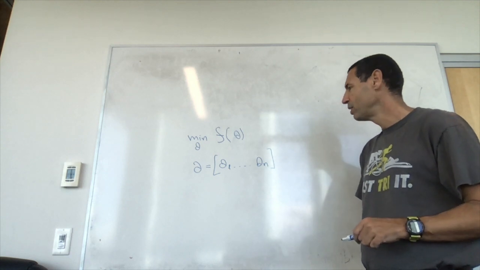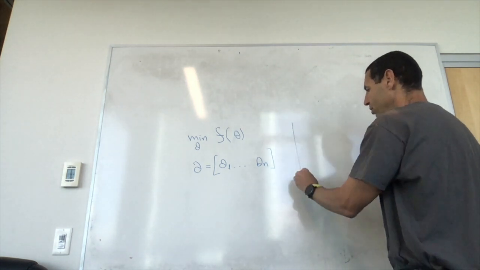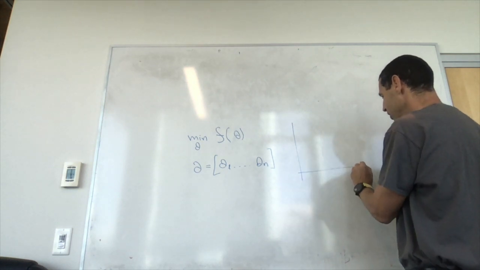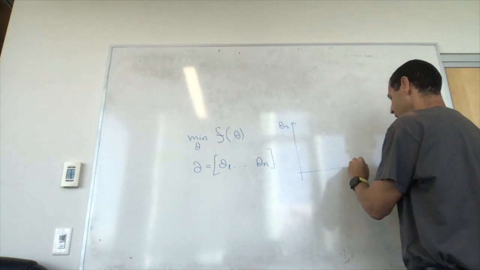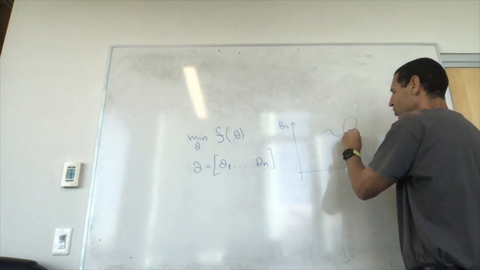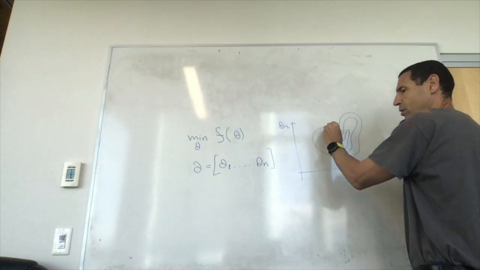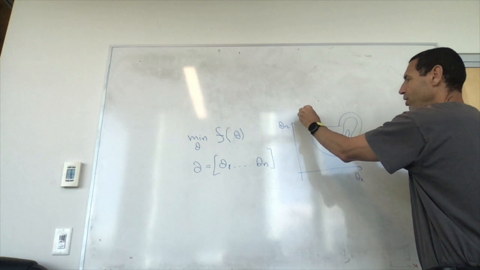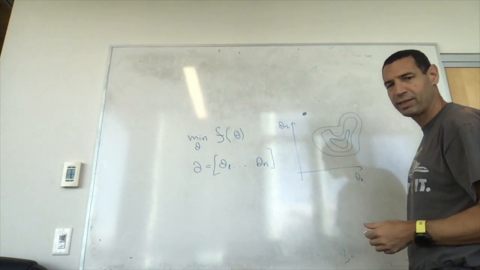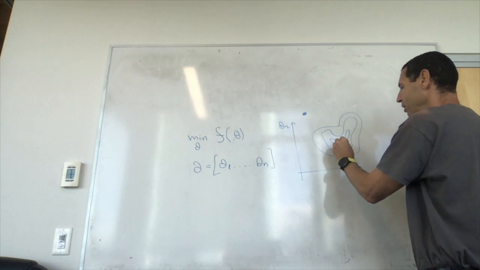So in 2 dimensions, if you want to think about it for a second, you think about the function of theta, which is, let's say, theta 1 and theta 2, and you have a function f, which has some contours. And your goal is to somehow get from a starting point here that you guess where theta is, to somehow get to the minimum, which in this case may be here.